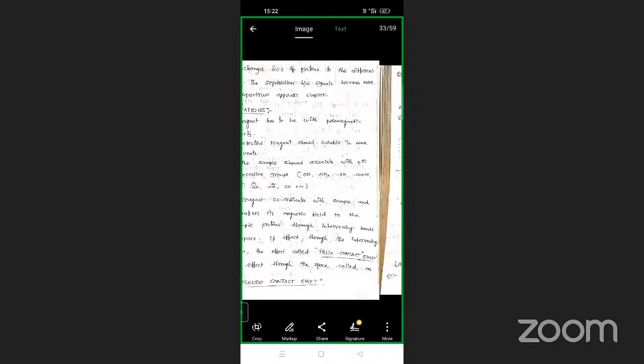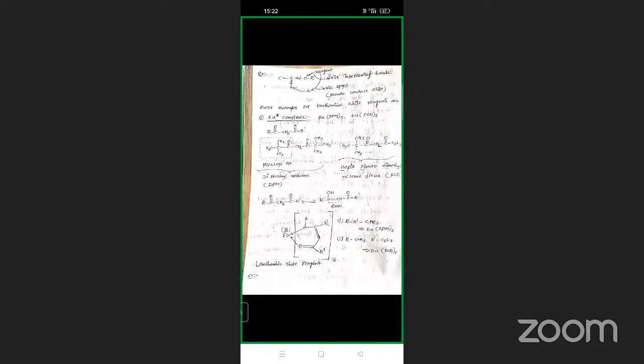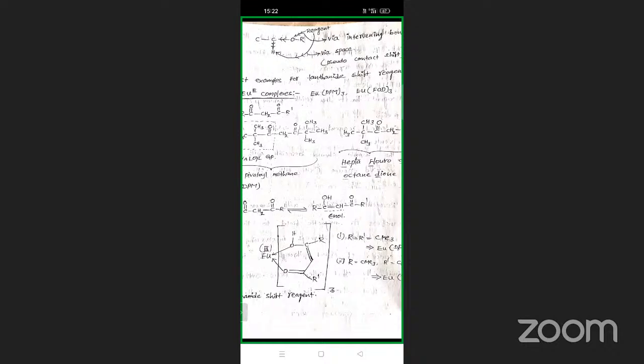Then the delta value of the particular protons is going to increase, and they appear in the downfield, deshielded region. Then you can see the separation of those signals takes place here.